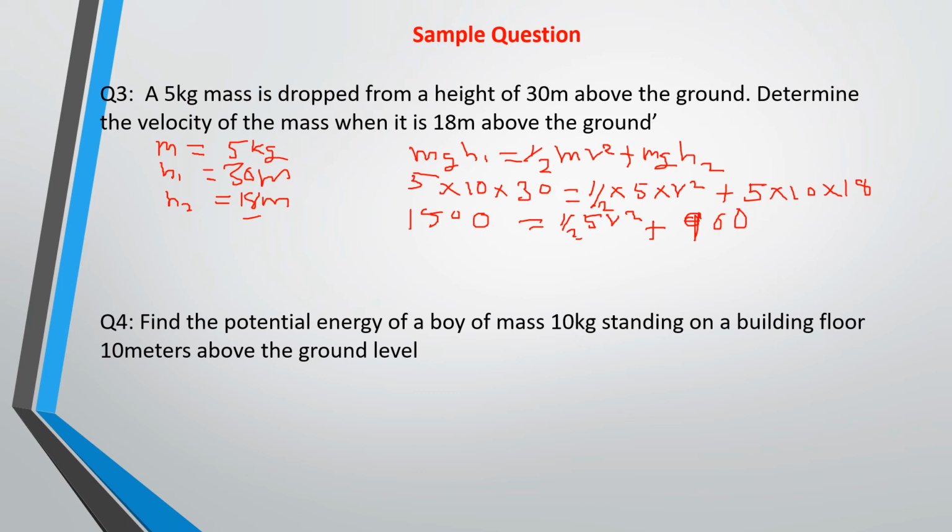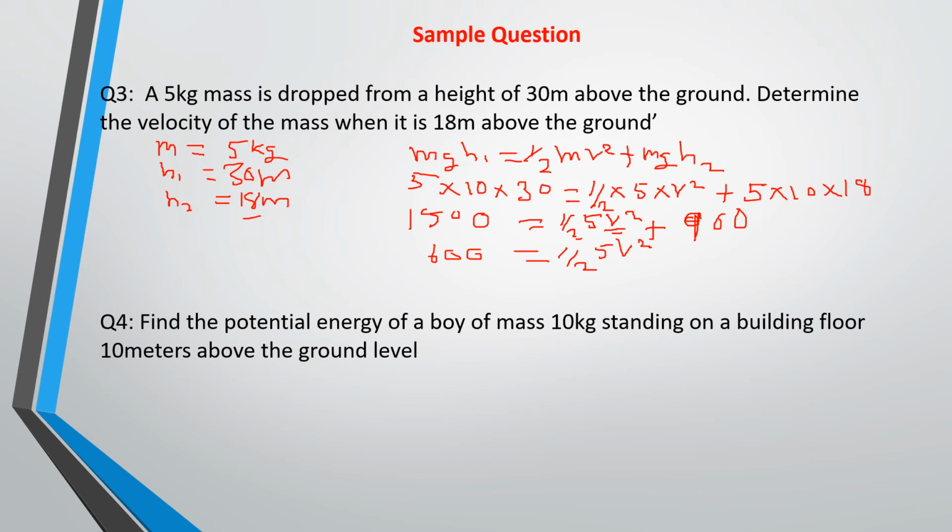You remember what you are looking for is velocity. So if you subtract 900 from both sides, you have 600 is equal to half 5 v squared.